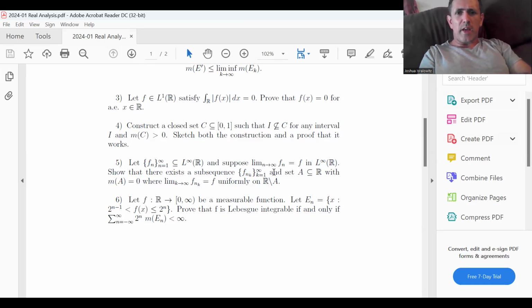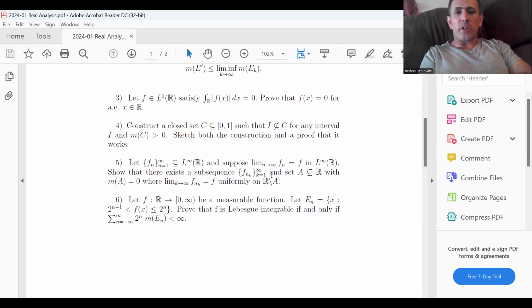Remember, it does say that actually Fn goes to F in L infinity is equivalent to Fn goes to F uniformly on R takeaway A, for some set A of measure 0. This is just a little easier basically. So the original sequence does work, but you need a lot more work to do that.